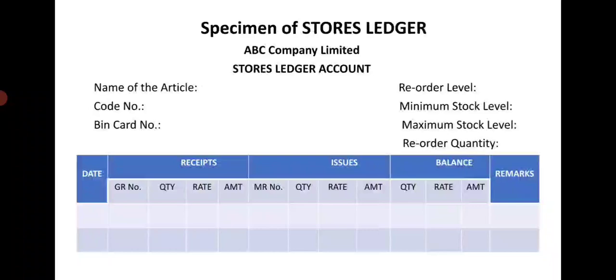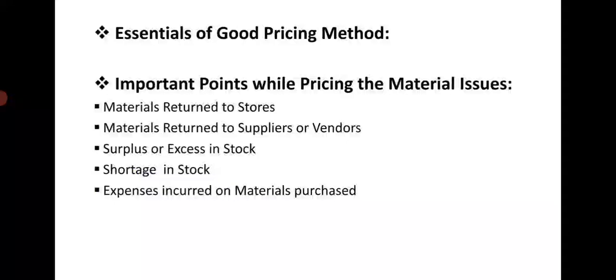The materials returned to vendors can be priced in the following ways, if the materials are not yet charged to issues, and if the materials are charged to issues. If the materials are not yet charged to issues, then the materials should be priced at the purchase price. And if the materials are already charged to issues, then the materials should be priced at the current issue price.